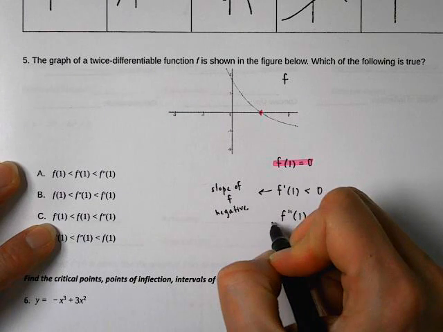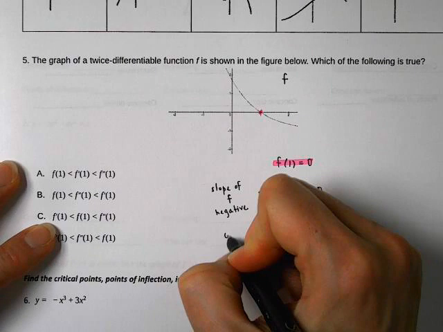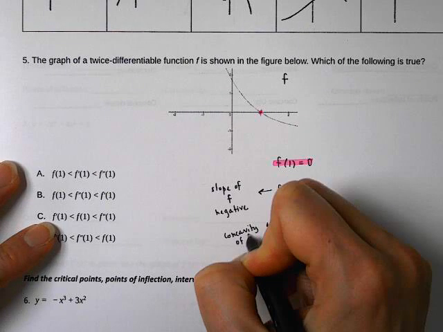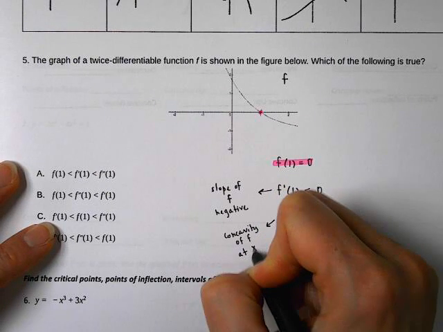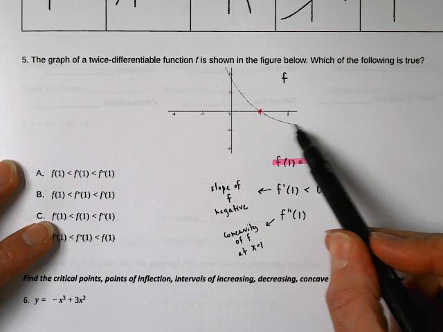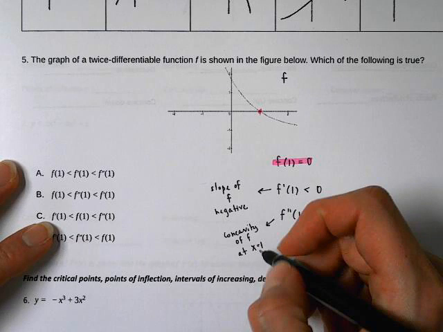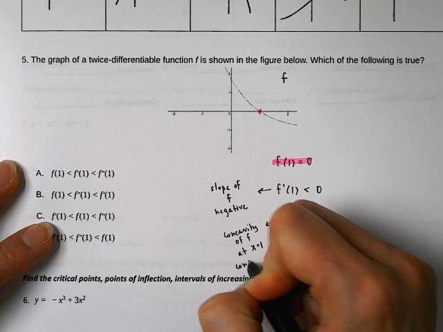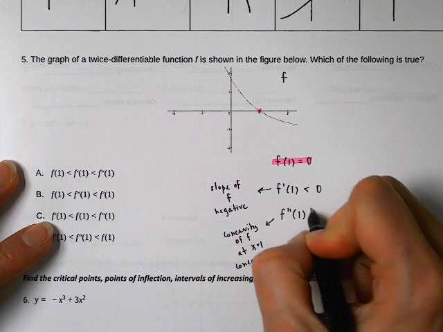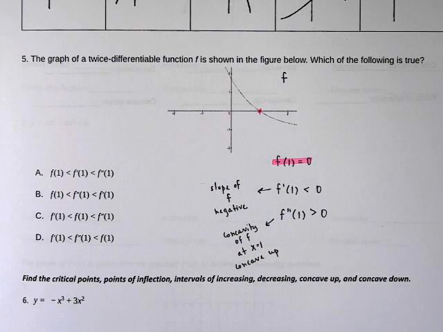Lastly, f double prime of 1. What they're asking is about the concavity of f at x equals 1. Since this is looking like half of that cup shape that would hold water, we would say this is concave up at x equals 1, which means my second derivative at 1 is greater than 0.